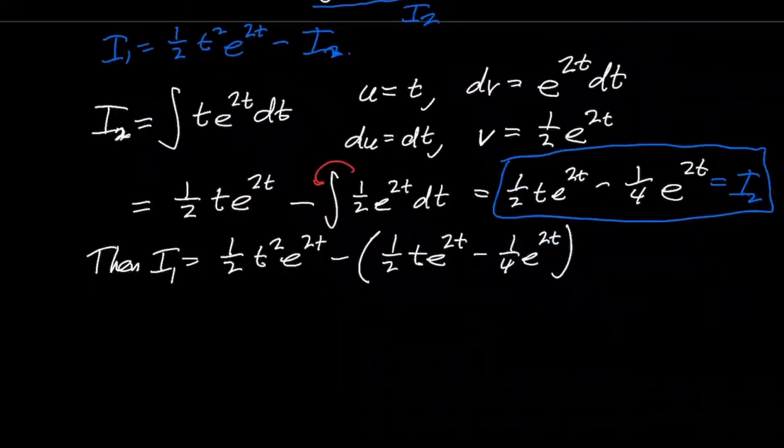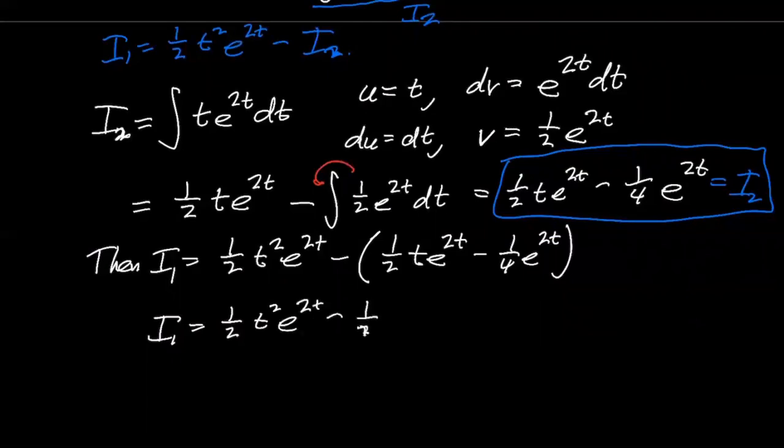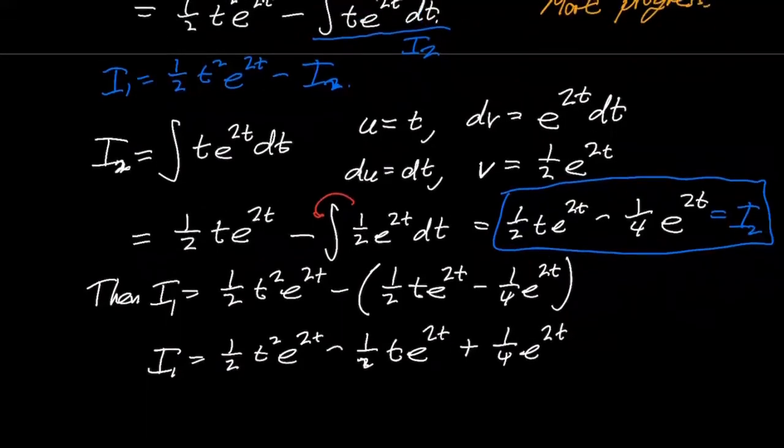Okay, and right, so when we distribute this minus sign, we'll get a minus there, but we'll get a plus here. So I1 is 1/2 t squared e to the 2t minus 1/2 t e to the 2t plus 1/4 e to the 2t.